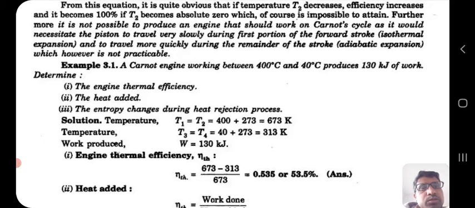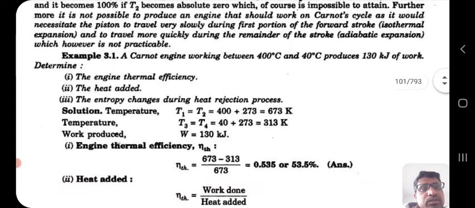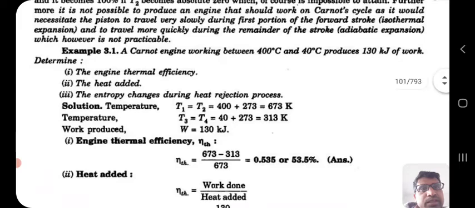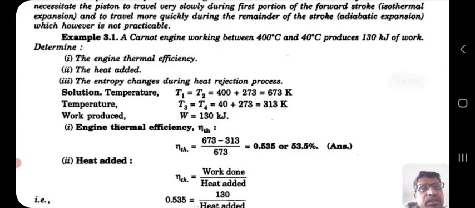Furthermore, it is not possible to produce an engine that should work on Carnot cycle, as it would necessitate the piston to travel very slowly during first portion of the forward stroke, isothermal expansion, and to travel more quickly during the remainder of the stroke, adiabatic expansion, which however is not practicable.